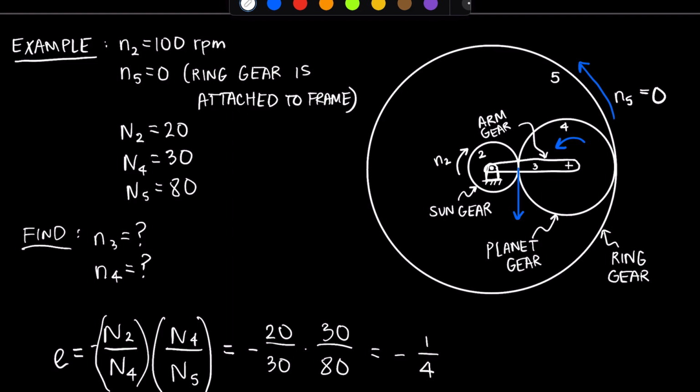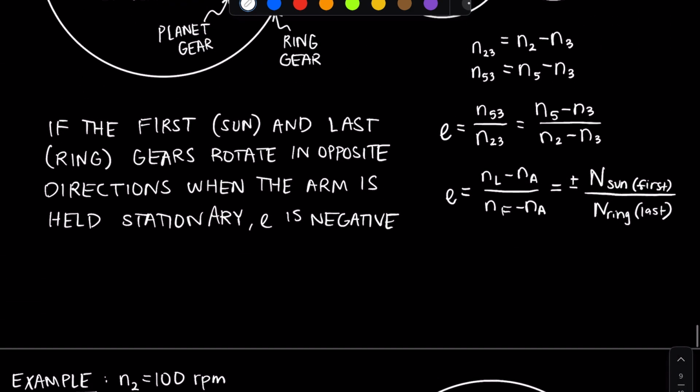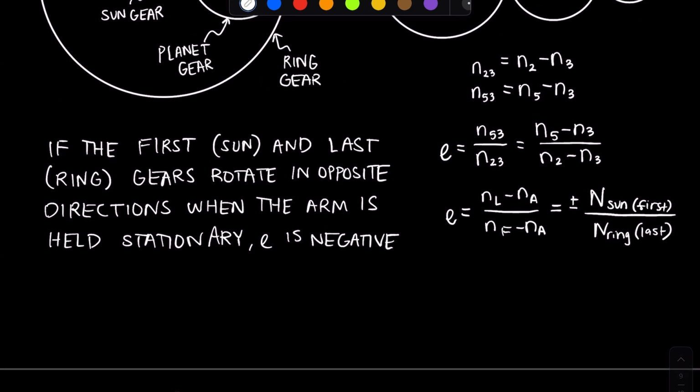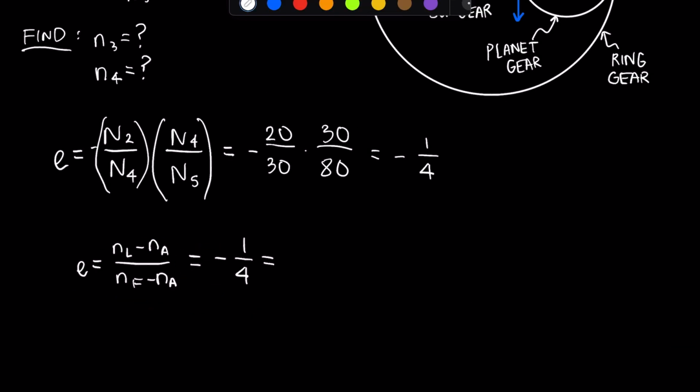Okay, now let's substitute this train value into our equation up here. The speed of our last gear is the ring gear. We've fixed it, so it's 0. The speed of the arm is what we're trying to find. The speed of the first gear was given as 100 RPM clockwise, which is negative.